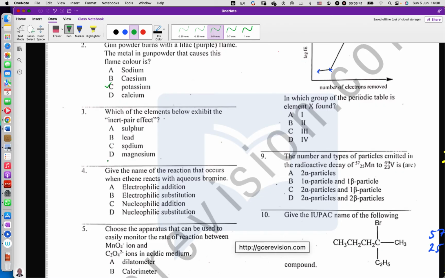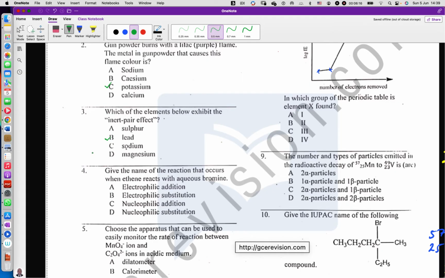From all these, it is only lead that has 6s electrons. It exhibits an inert pair effect because of the outermost 6s electrons that are paired. So our answer for question number 3 is B.